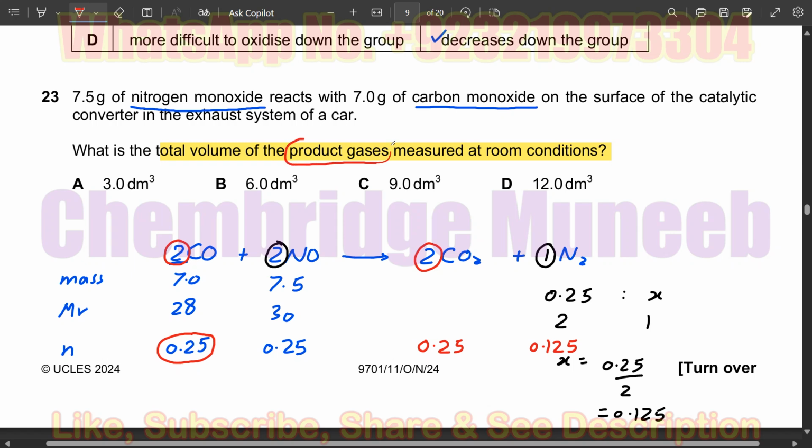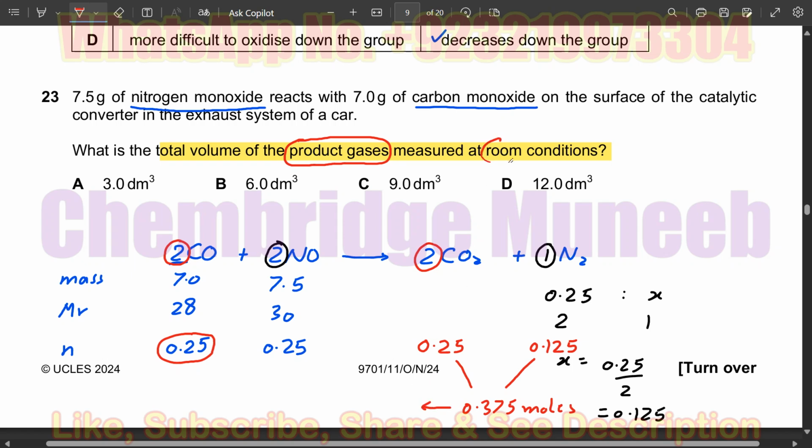Now we have calculated the number of moles of the product gases. That's what we had to find. So now add them together since both of them are products. So 0.25 plus 0.125 gives 0.375 moles. Now convert them into the volume.